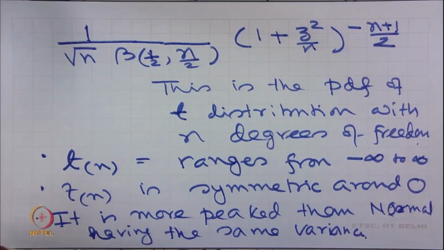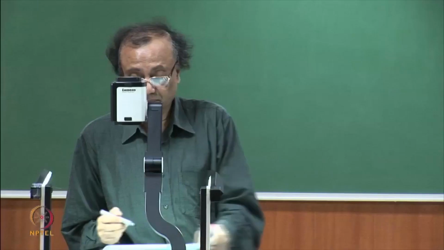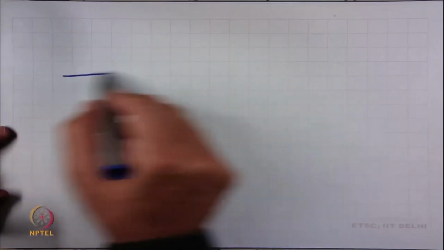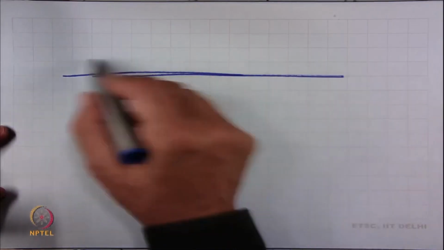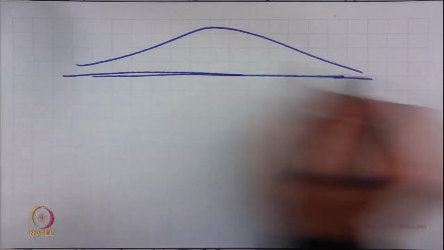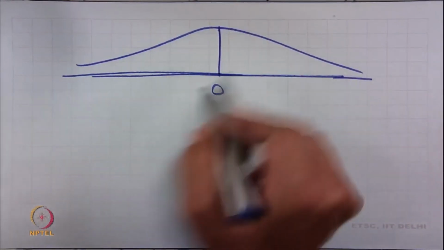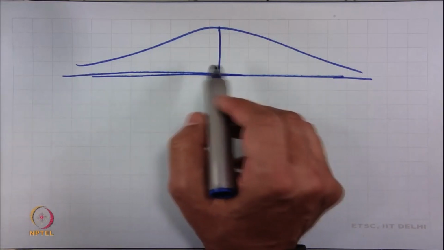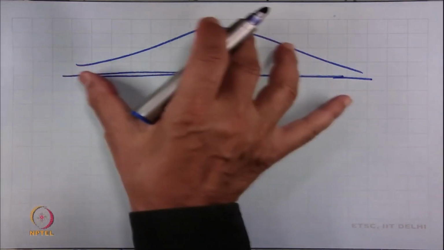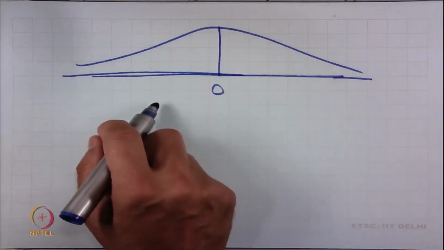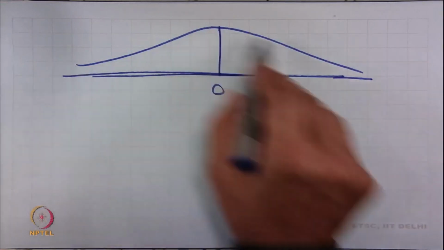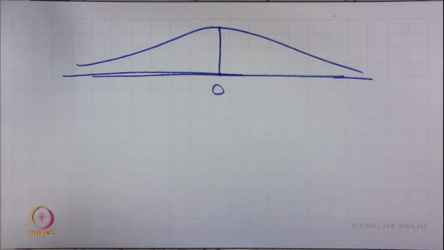What I mean is that the shape of the distribution is symmetric around 0, but its shape will vary with the degrees of freedom, and therefore the variance will also keep changing.